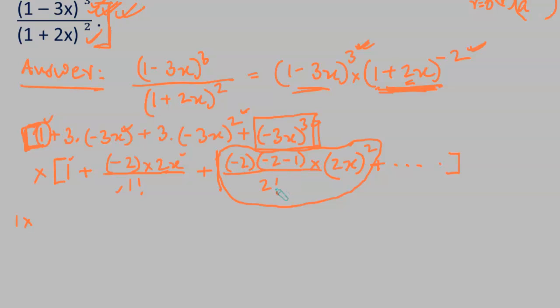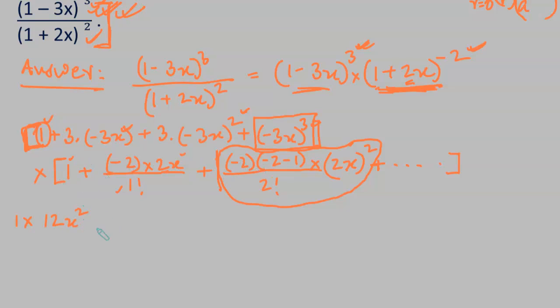Positive 6 divided by 2 factorial is 2. 6 over 2 is 3. And 3 times 2 square is 4. So 3 times 4 is 12. Okay. So it is 12x square.